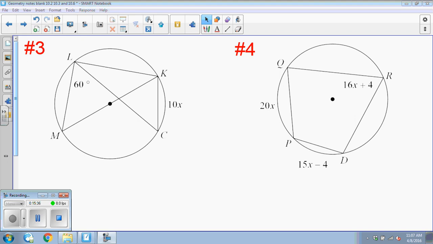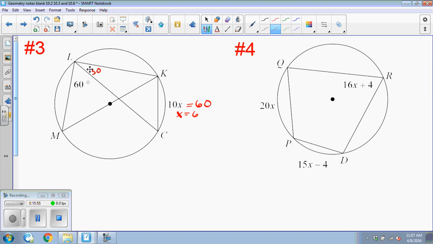If I didn't recognize that at first, but if you did, it makes the problem easier. Because if this is 60, this has to be 30. And if this is 30, this has to be 60. So 10x equals 60, x equals 6. That was not the route I took the first time, but that is much easier.